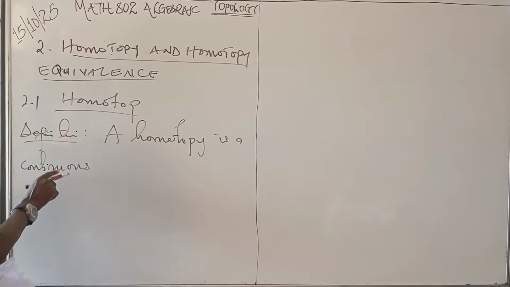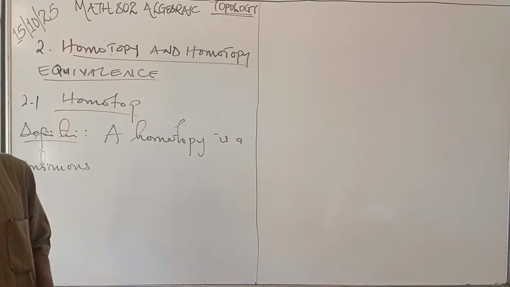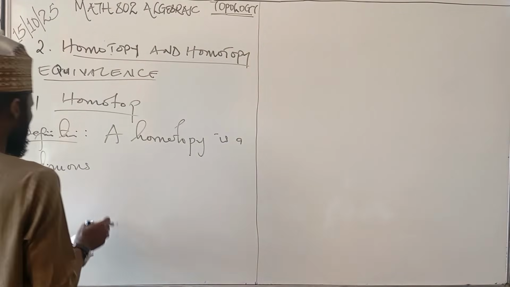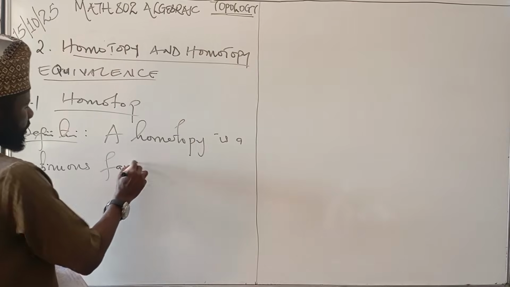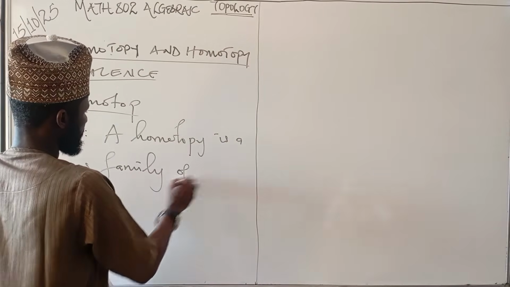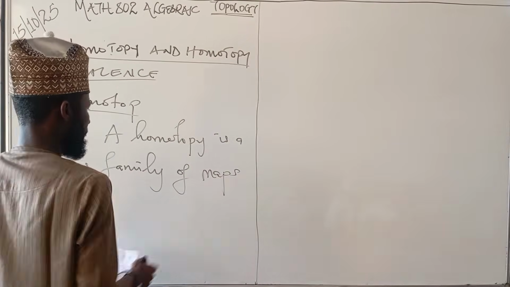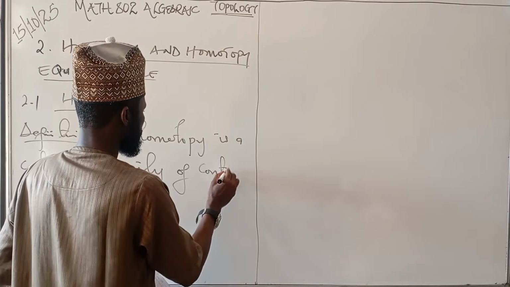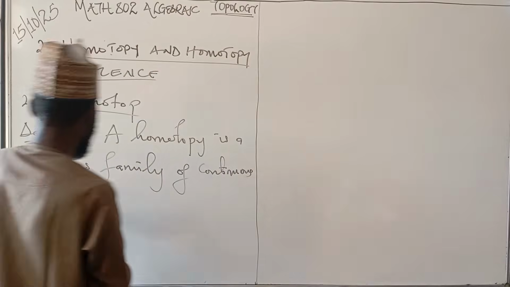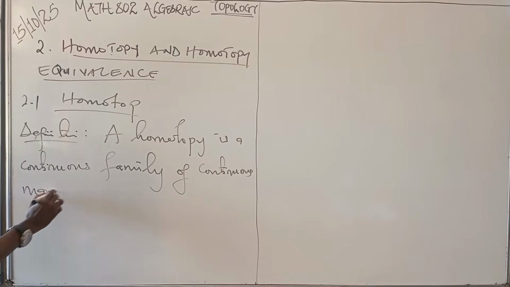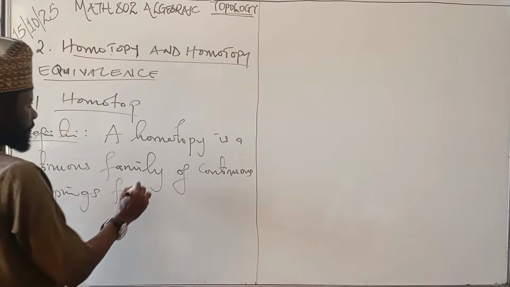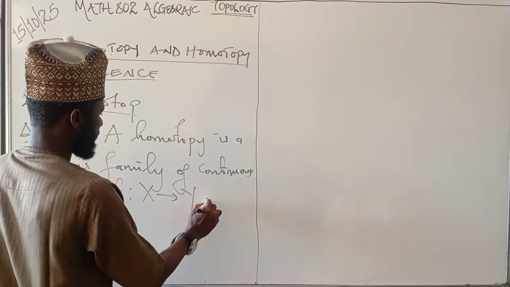You remember our convention, even if I just say it's a mapping, we understand continuous mapping. It's a continuous family of mappings, not just one single mapping, but a family of maps. So a family of continuous mappings F_t from X to Y.